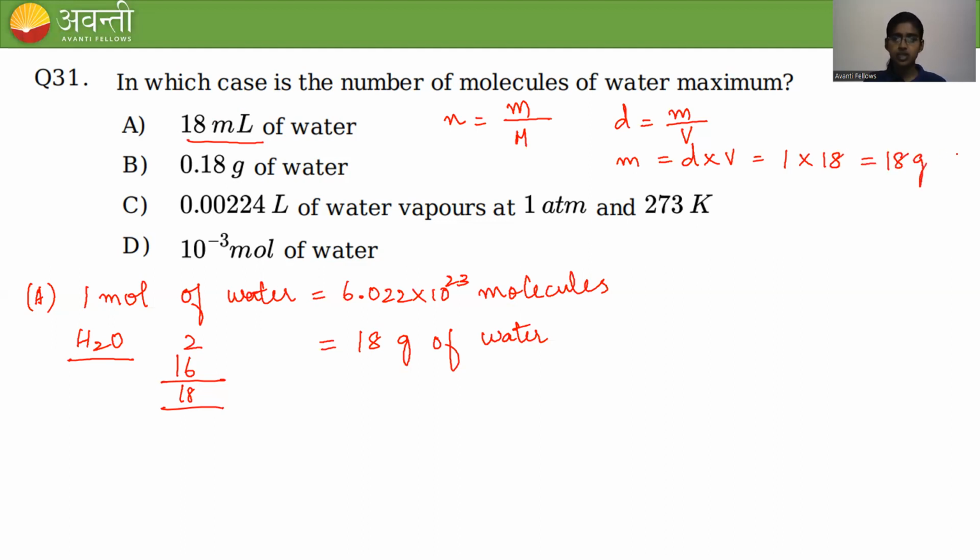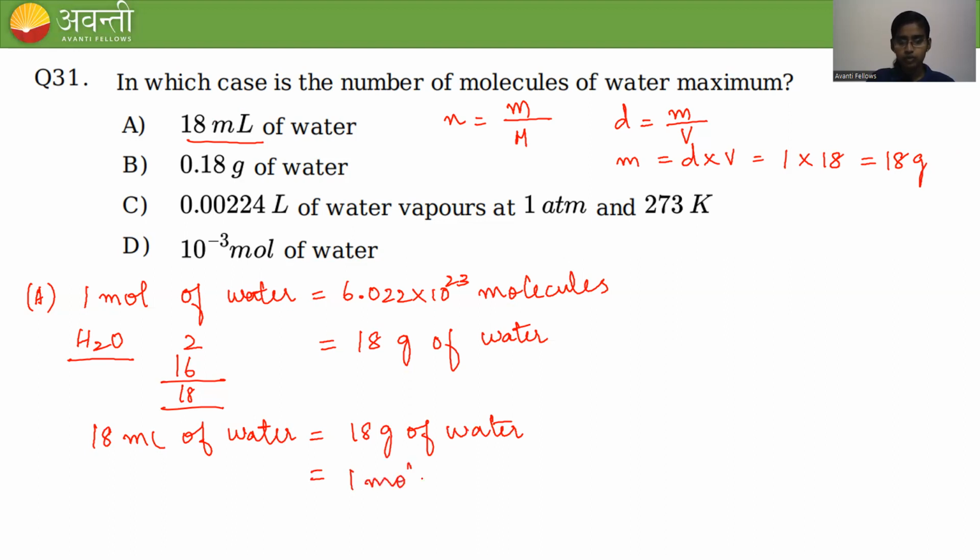Now 18 ml of water contains 18 gram of water, which is nothing but 1 mole of water, equal to 6.022 into 10 to the power 23 molecules. So this is what we get from the first option.